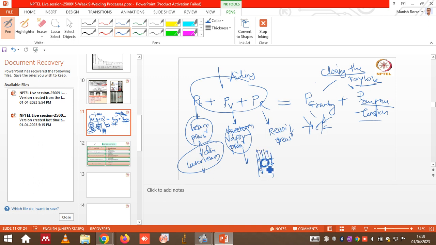Okay, so that will again aid, or we can say form the keyhole or try to expand the keyhole because of their upward movement. So these three forces are very important for the keyhole formation, and maybe we can first solve the questions related to that.